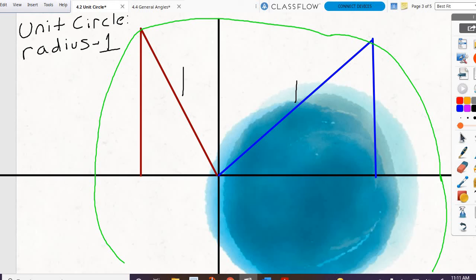Okay. So now, because our ratios have to be the same, if we go ahead and label, so let's say this is our right angle. This one's going to be our 45, and this one's going to be our 30, and our 60.